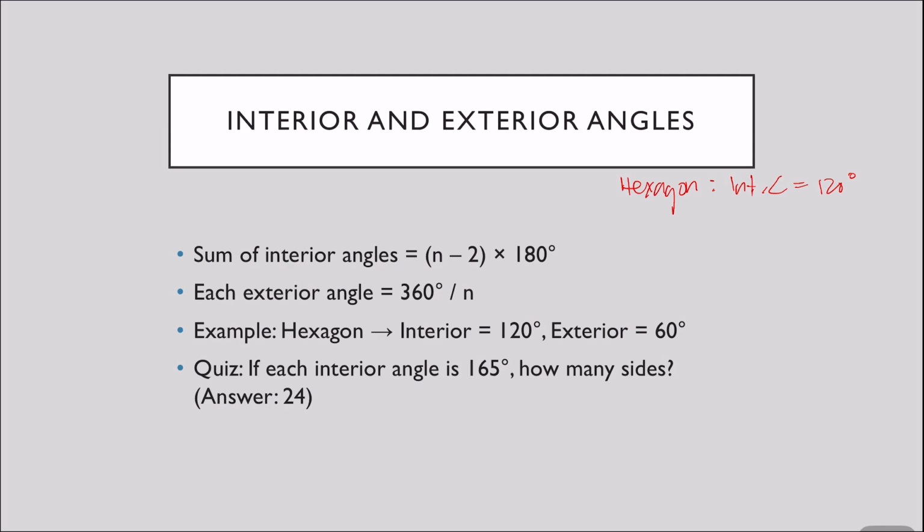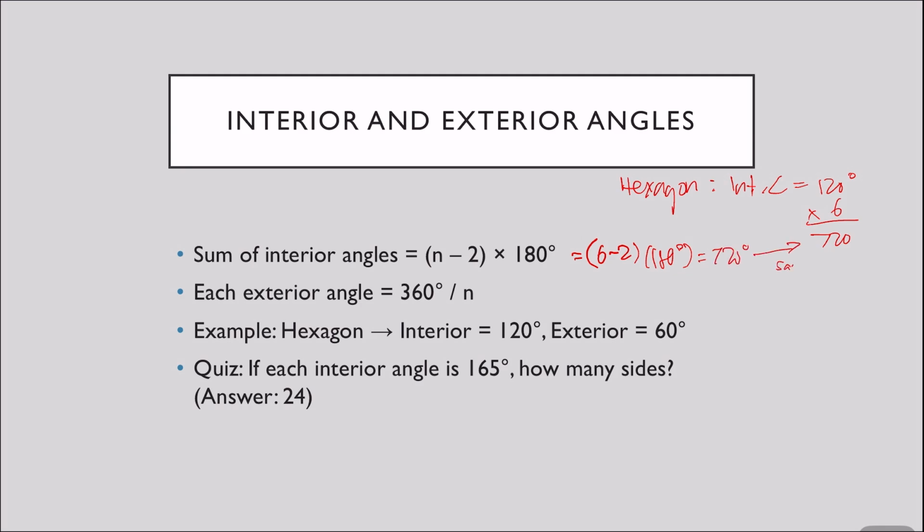So, it says here, right, n minus 2 times 180. This is 6 120s, so it's 720. Let's see if the formula will work. 6 minus 2 is 4 times 180. So, 4 times 180, 400 plus 4 times 80 is 320, 720.